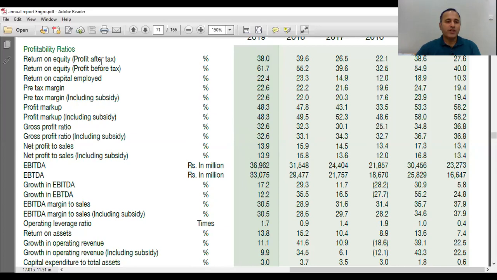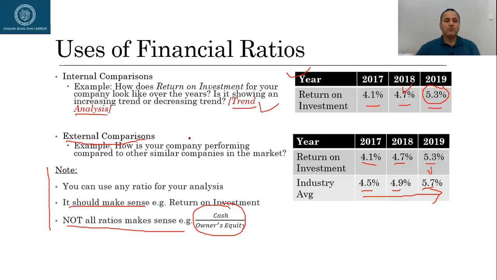Return on equity, one is after tax, the other one is before tax. Then return on capital employed, pre-tax margin, and then there is another pre-tax margin where you include the subsidy. So the whole point is that you can calculate whatever ratio that you like, but the ratio has to make some sense.